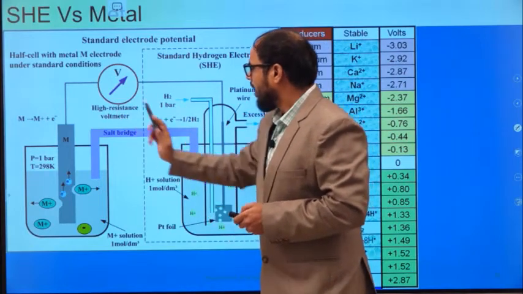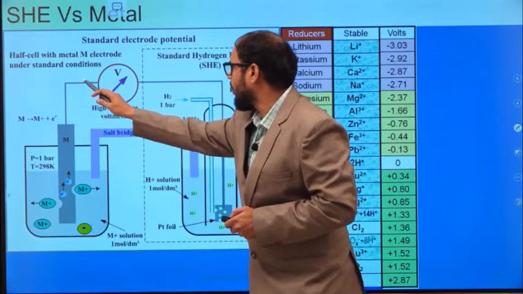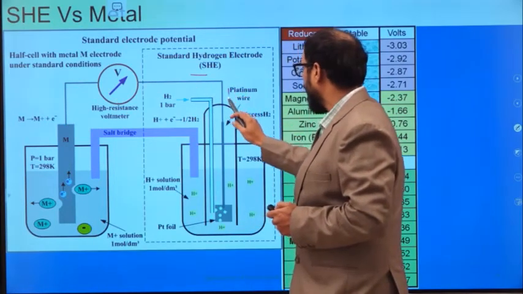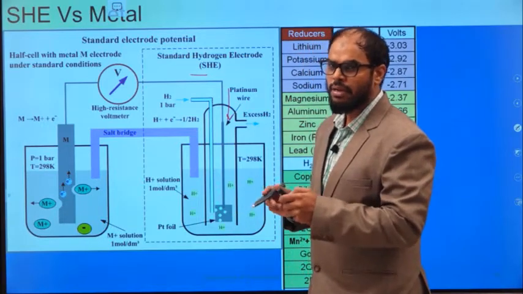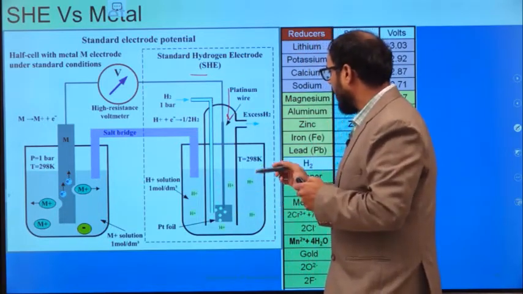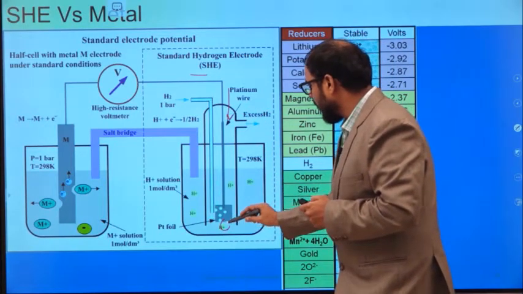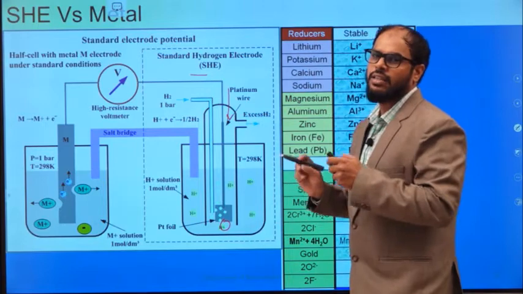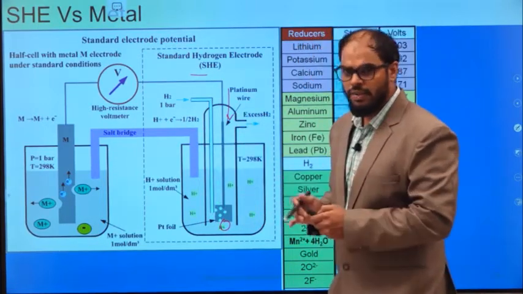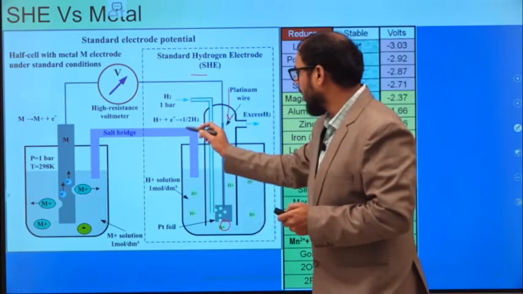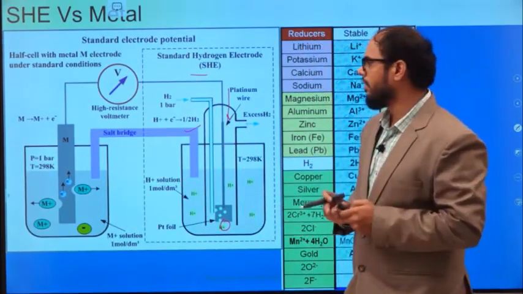That means this metal is acting as an anode, and the electrons flow through the external circuit and reach the cathodic compartment, which is the SHE electrode. The SHE electrode catalyzes the reduction reaction by accepting electrons from the other half cell. And obviously we also require the salt bridge to maintain electrical neutrality.